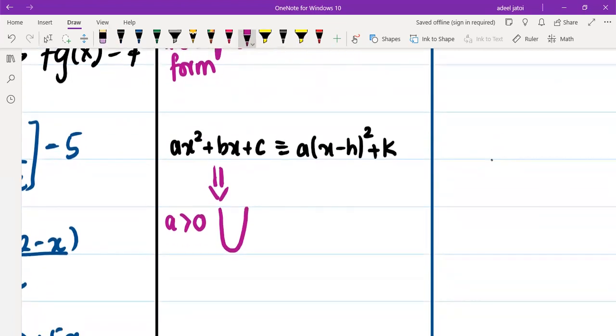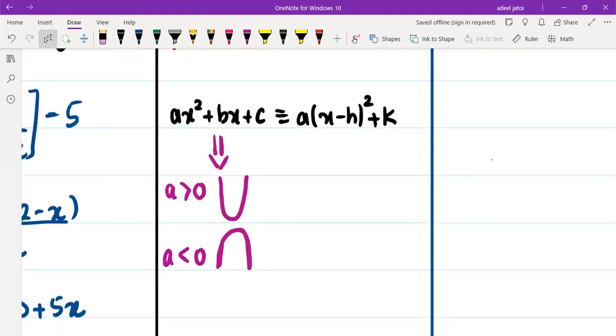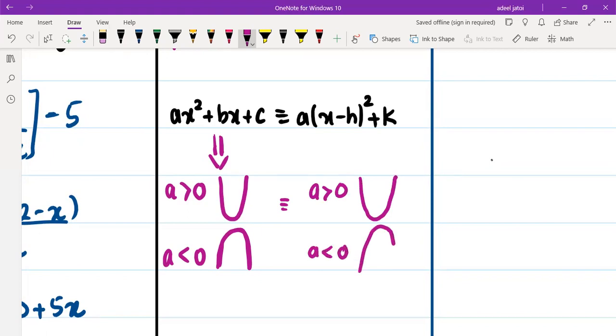That means if a is positive, you will always have a U-shaped curve. If a is less than 0, it will be an N-shaped curve. Similarly, even the completing the square form has the same thing: a greater than 0, it is a U-shaped curve, less than 0, it is an N-shaped curve.